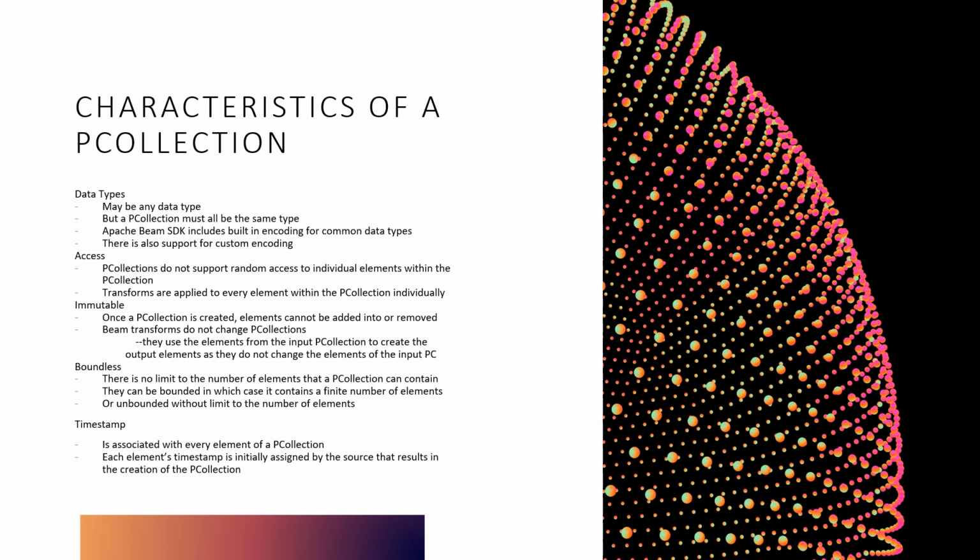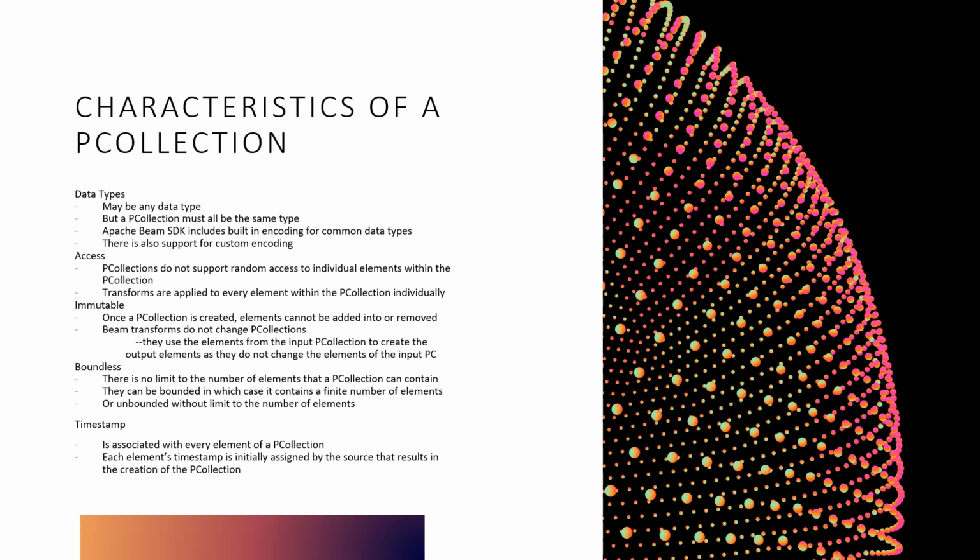Okay, now PCollections are immutable. That's important. So whenever you perform a transform, that PCollection is not going to get eaten up. It still exists. So once a PCollection is created, elements can't be added into it or removed. Beam transforms do not change PCollections.